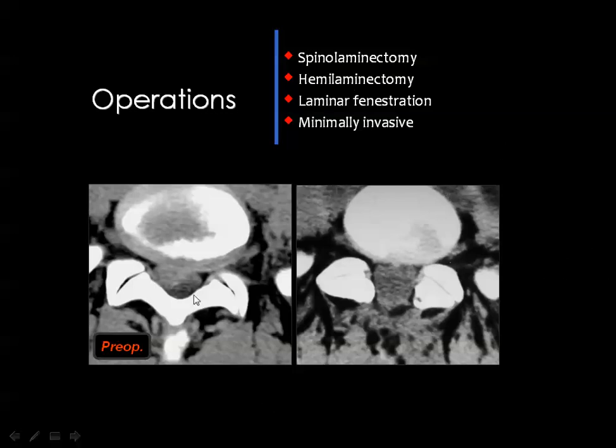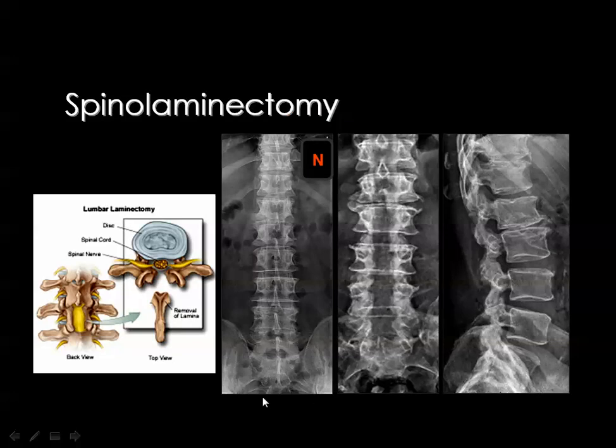As you can see here, we remove part of the lamina on the left and part of the lamina on the right together with the spinous process, and we leave the posterior aspect of the spinal canal open, and the cecal sac is adequately decompressed. Then the second type, and this is also spinal laminectomy.